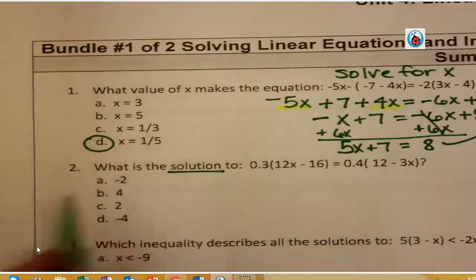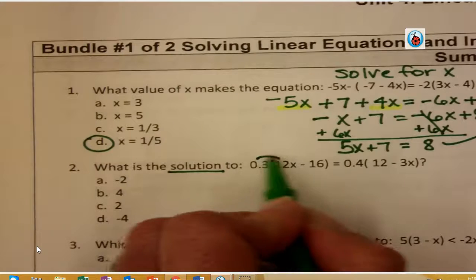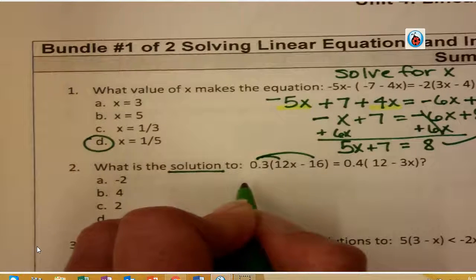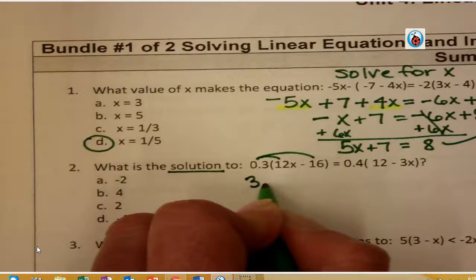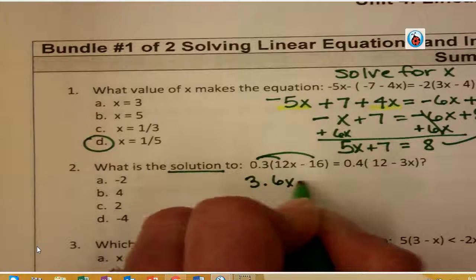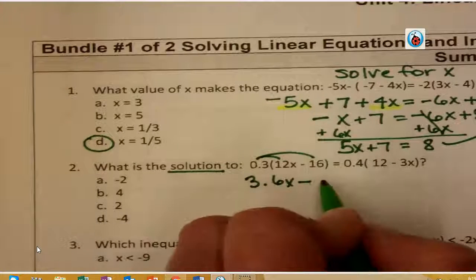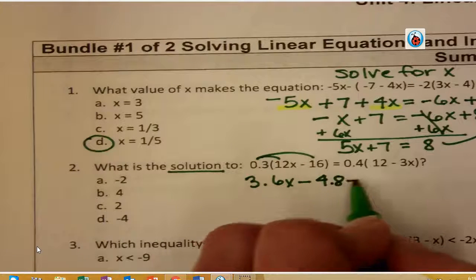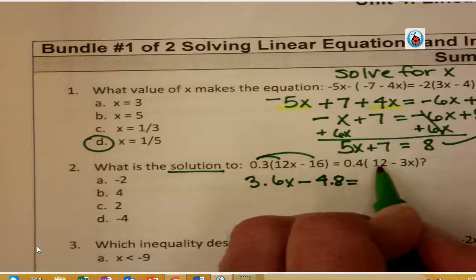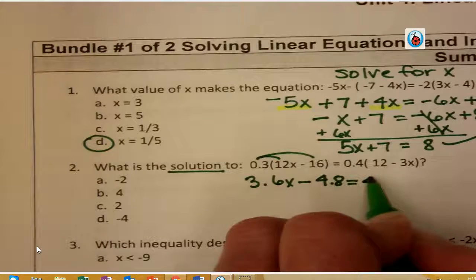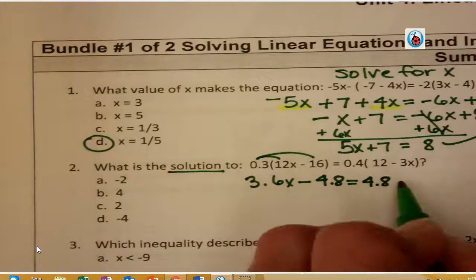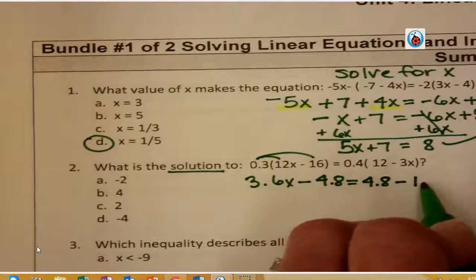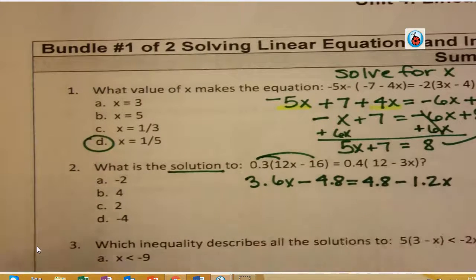So to start off, we will multiply 0.3 times 12, and that's going to get us 3.6x minus 0.3 times 16 is going to get us 4.8 equals 0.4 times 12 is going to get us 4.8 minus 0.4 times 3x is going to give us 1.2x.